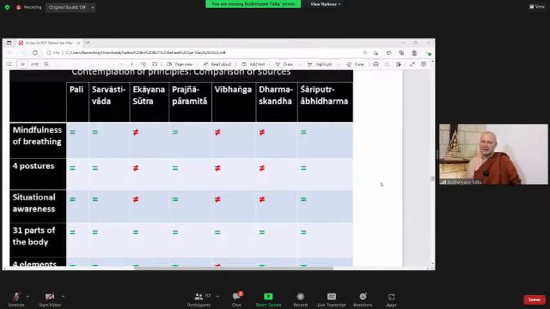And this makes sense. This is what I was discussing before at the beginning of this retreat. We were looking at the Kaya Gata Sati Sutta, the mindfulness directed to the body. And I was saying that the four postures actually are not really meditation. They are a preliminary practice leading up to meditation. They come before meditation practice.